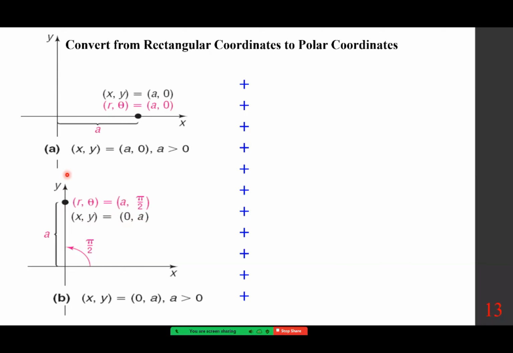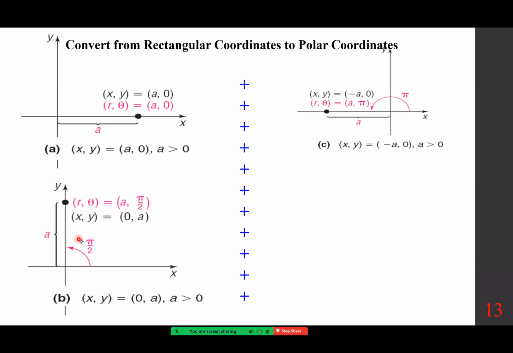So along the y-axis, any point in a rectangular coordinate system has an x coordinate of 0. Even on the negative side, the x value is 0, but we want to go to the polar coordinates, so we want to stick with the positive side only. And if the distance is a, the y coordinate is a, it becomes your r, and of course pi over 2.